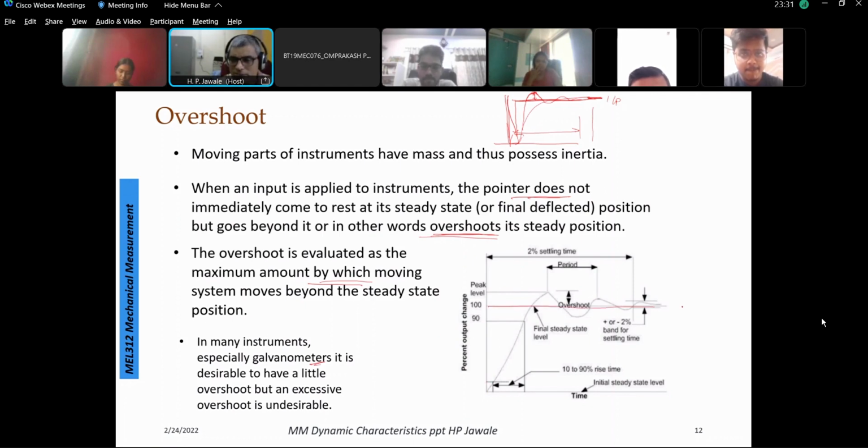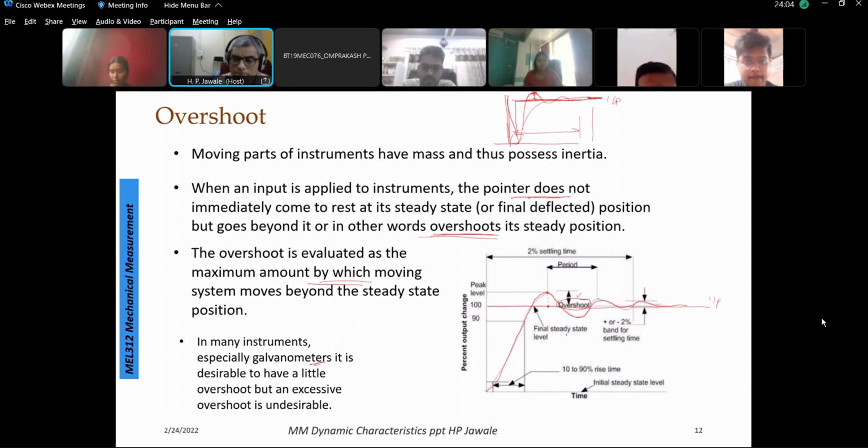Say for example, this is the standard input given, and the system responds to the wave in this format, and so on. So the overshoot is nothing but the distance shown here, the amount by which the output of the measurement system exceeds the settled value or the true value of the input, if it is known. So the very first instance, whatever has been shown, is nothing but overshoot, right?